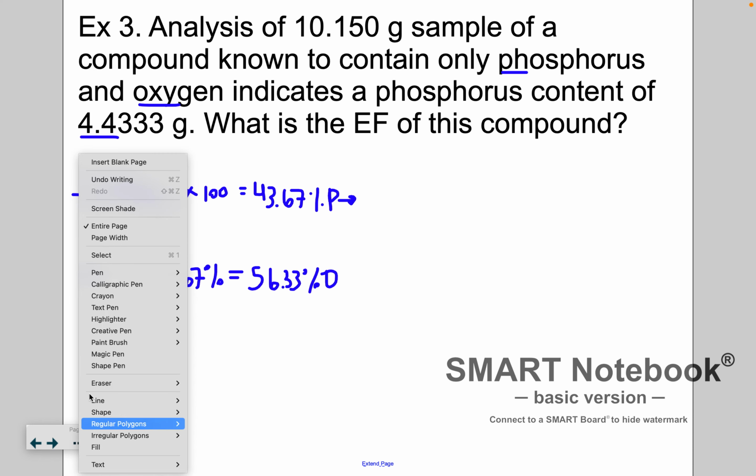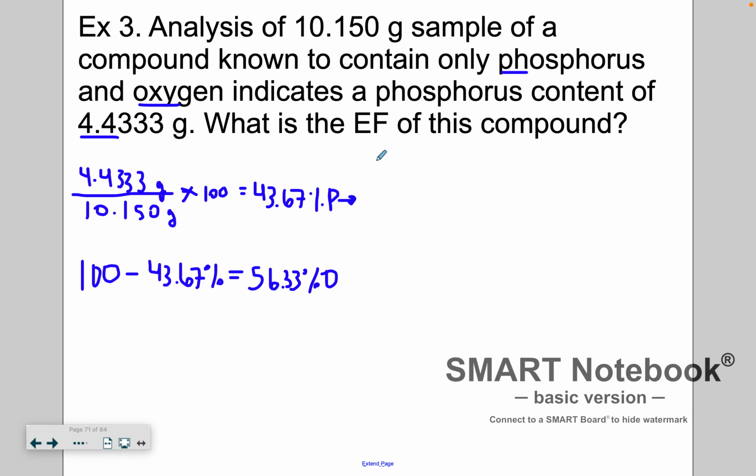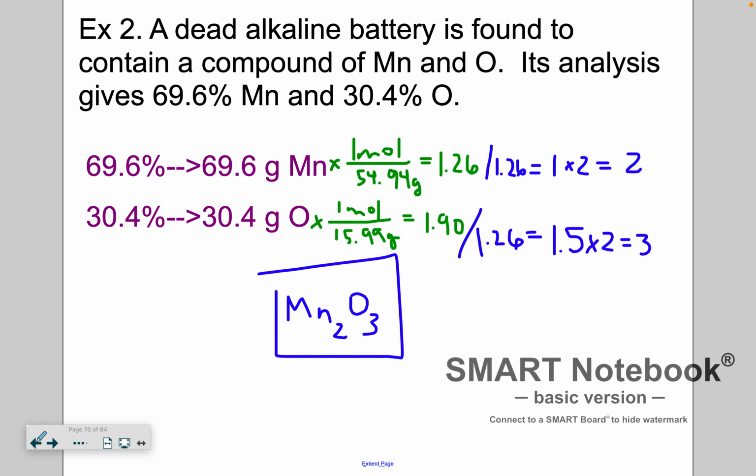This is gonna get messy. I'm gonna change my pen color to purple. 43.67 grams of phosphorus. And then down here, that is now 56.33 grams of oxygen. Okay, so I just completed step 1.